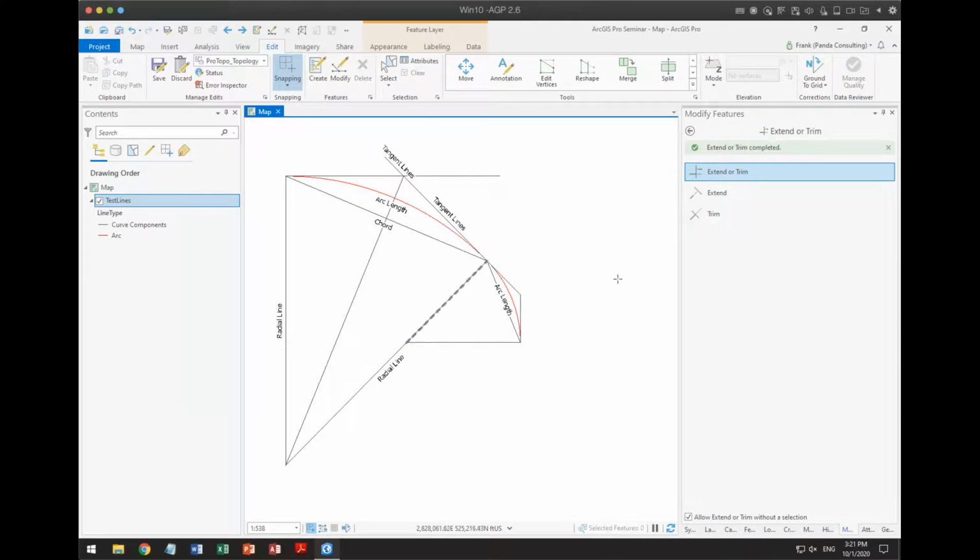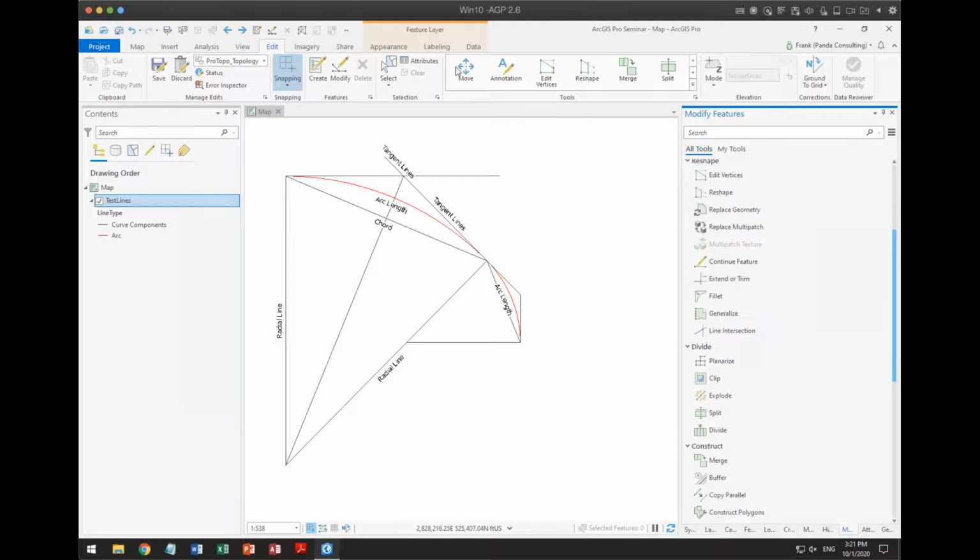My radius point, point of curvature, point of termination, the point of intersection, my tangent line on here, the angle between this, the chord distance, and the tangent.